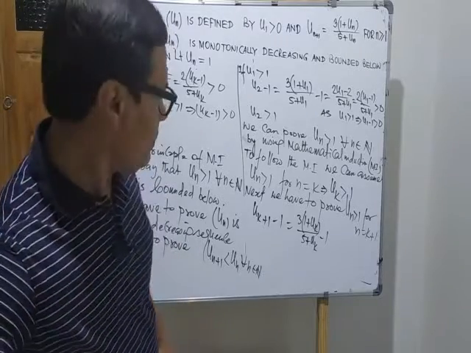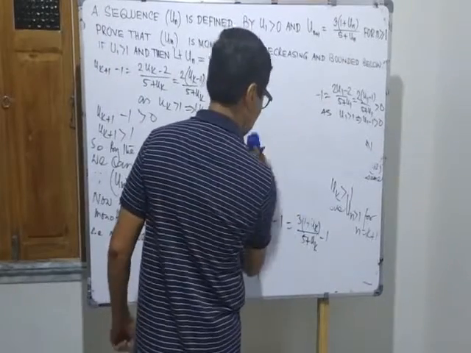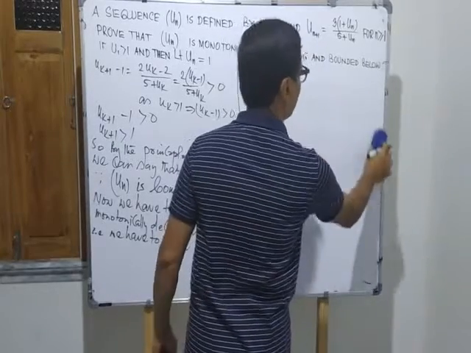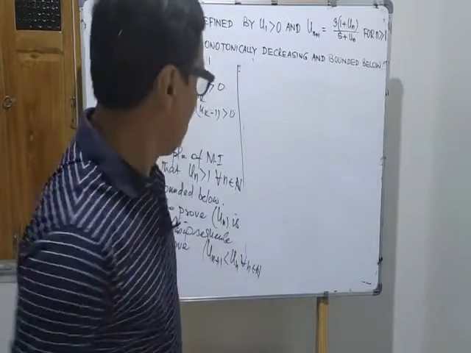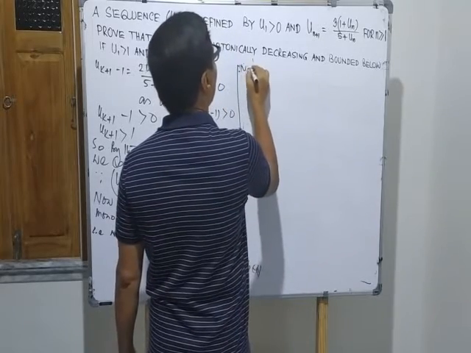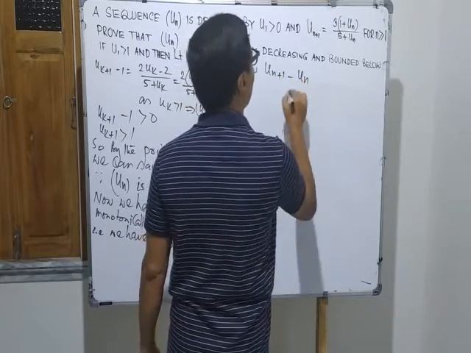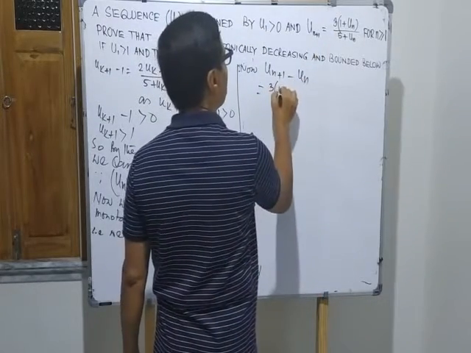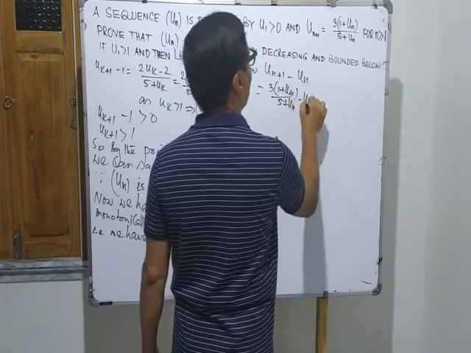Now u_(n+1) minus u_n equal to, u_(n+1) is this, that is 3 times (1 plus u_n) over (5 plus u_n) minus u_n.